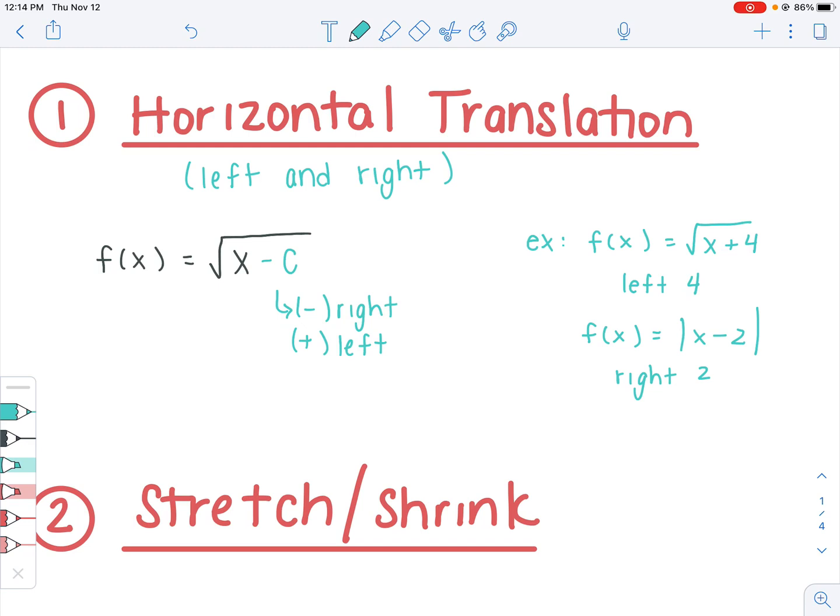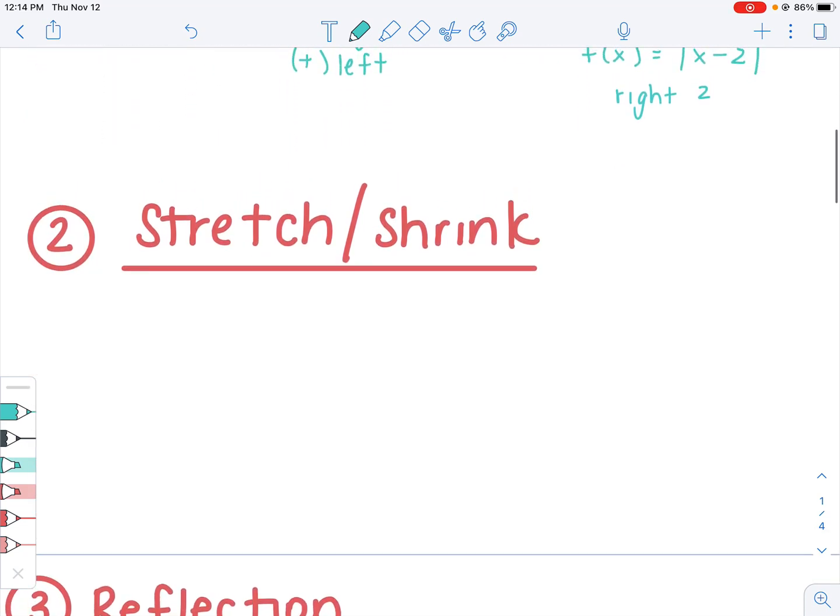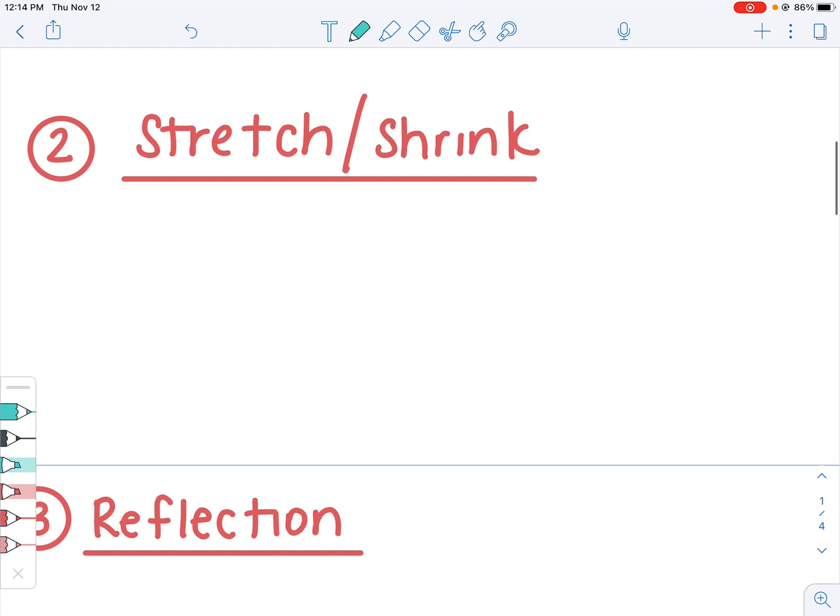After we've moved left or right, we're going to stretch or shrink the graph. So stretching or shrinking the graph is a little bit more complicated because there's multiple options. If I'm looking at my parent function, f of x equals, let's use absolute value of x, I can have a number outside that's multiplying or a number inside that's multiplying.